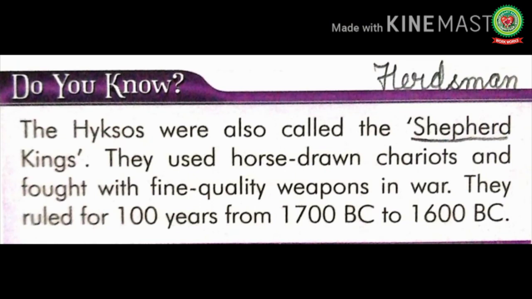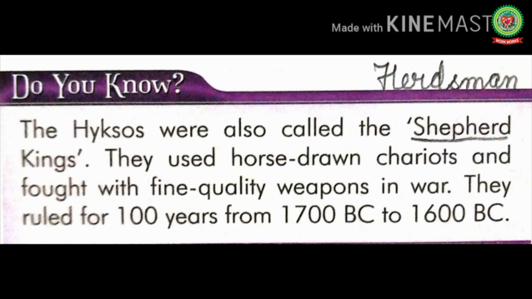Now students, open page number 36 of your book. First we will read, Do You Know? The Hyksos were also called the shepherd kings. Here shepherd means herdsman. Students, the meaning of Hyksos we have already done in the previous video. They were nomadic people of Western Asia who settled in the Eastern Nile Delta of Egypt, and they ruled Egypt for 100 years.